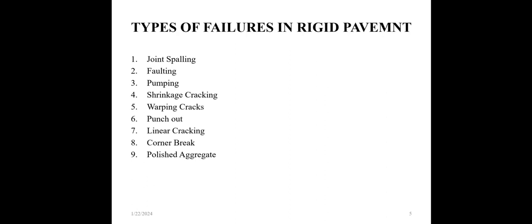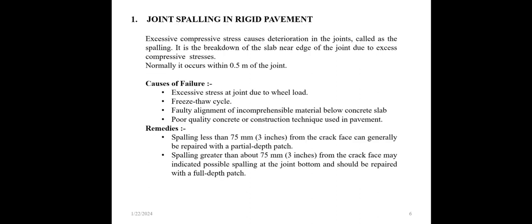Types of failure in rigid pavement: joint spalling, faulting, pumping, shrinkage cracking, warping cracks, punch out, linear cracking, corner break, polished aggregate.